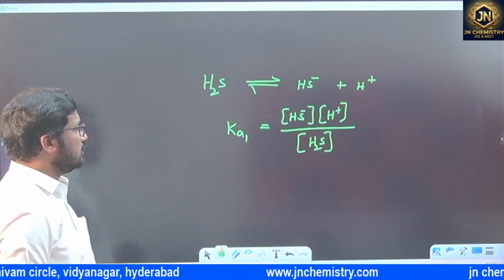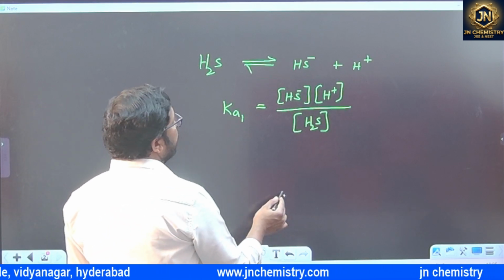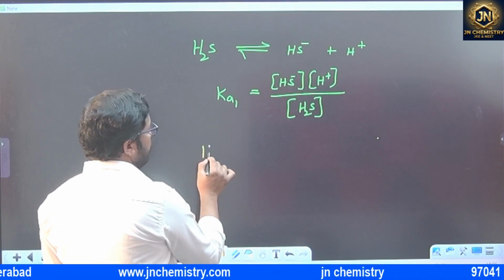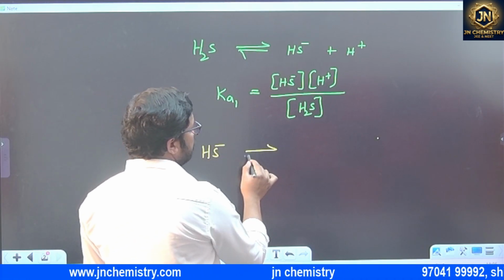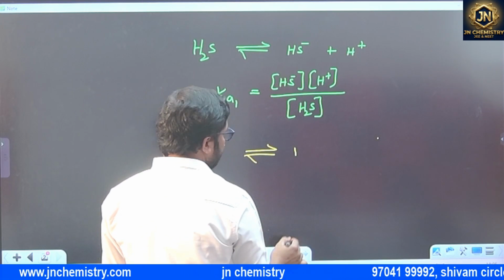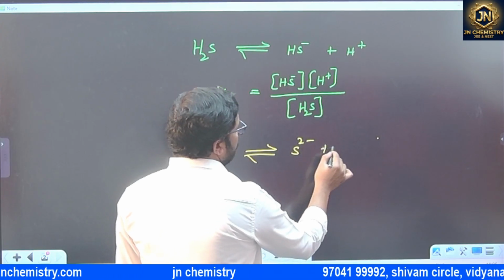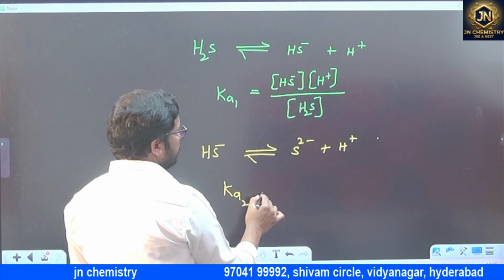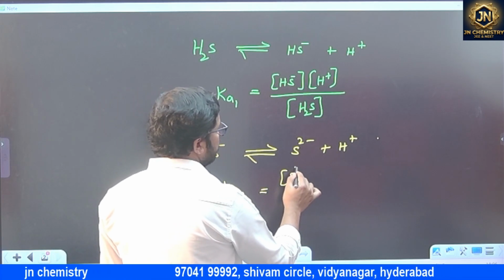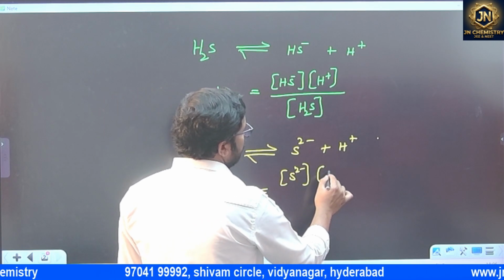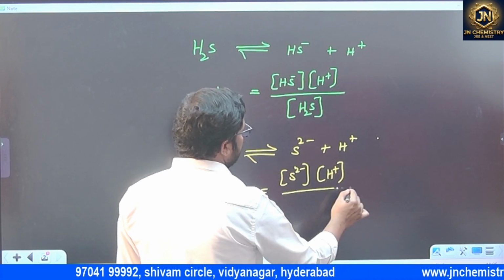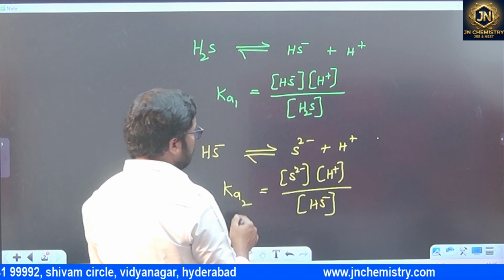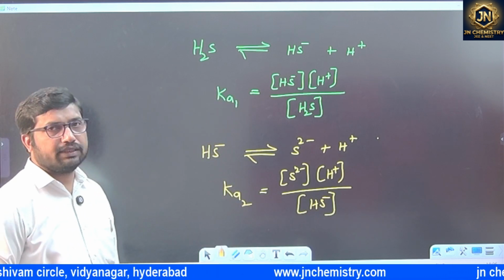Once again we can write like this: HS minus gives rise to S2 minus plus H plus. So this we can say Ka2 is equal to S2 minus concentration times H plus ion concentration, divided by HS minus concentration. So Ka1 and Ka2 are obtained like this.